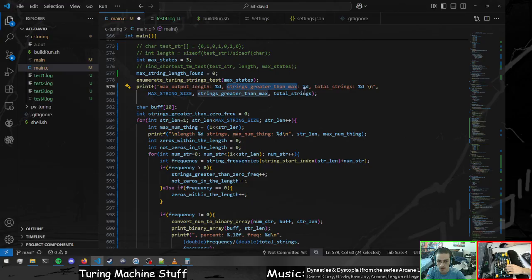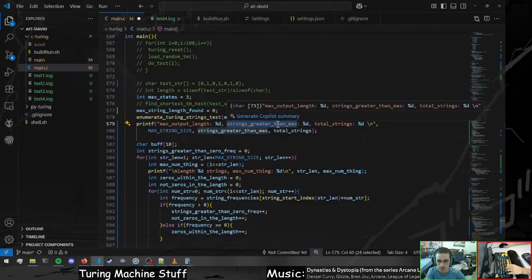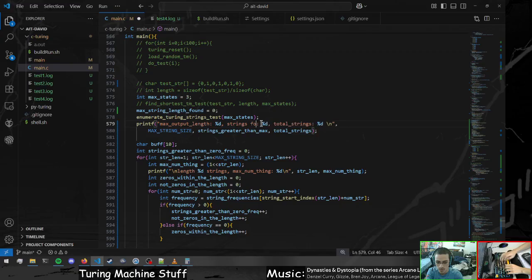So here I got strings greater than max length. Strings longer than max string length.